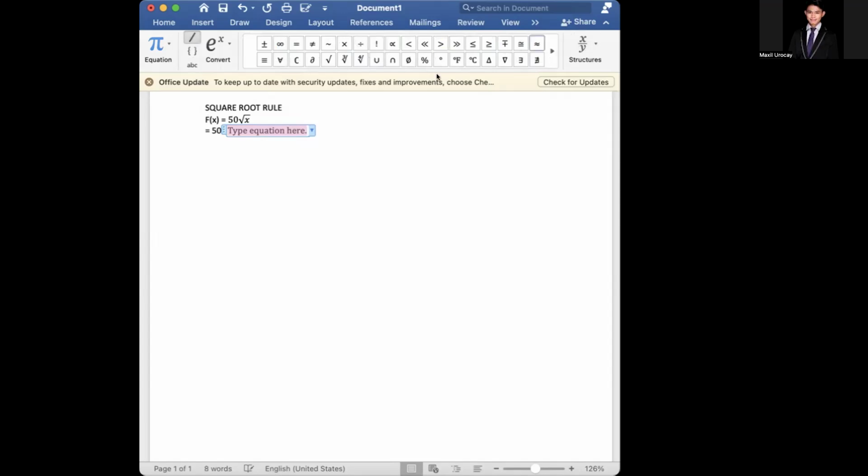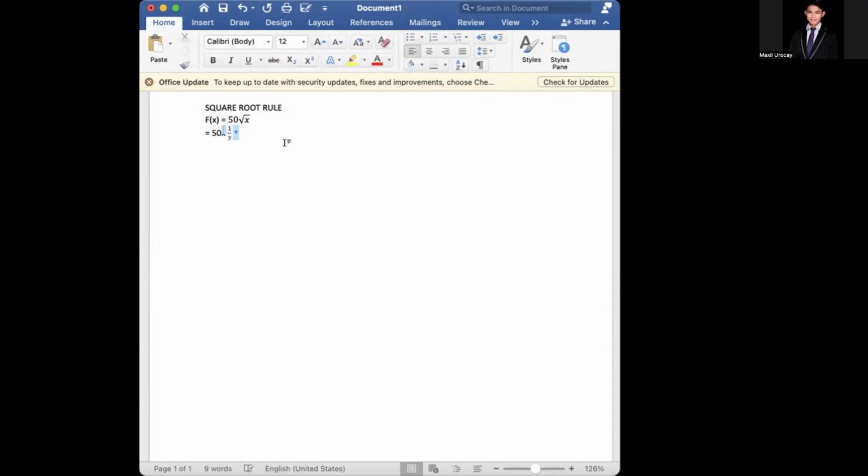So let me insert a 1/2. Right? So that is somewhat still the same. That is the power of 1/2. That was given already, 50x to the power of 1/2.